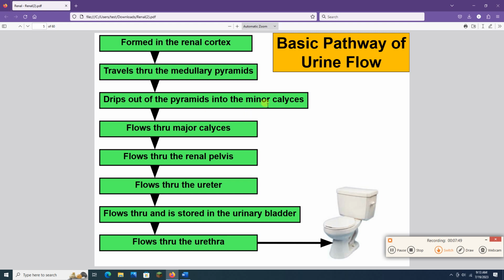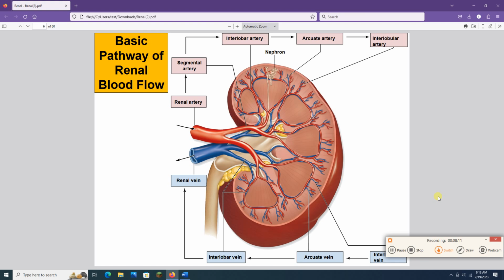And we end up in minor calyces, major calyces, renal pelvis, then the ureter, and like we mentioned in the very first slide, from the ureter down to the urinary bladder, and then to the urethra. Okay, fantastic. So we got some basic kidney anatomy, and we got some basic urine flow.